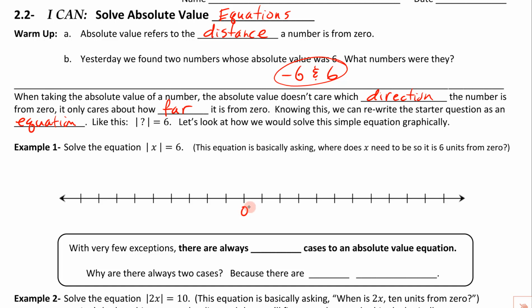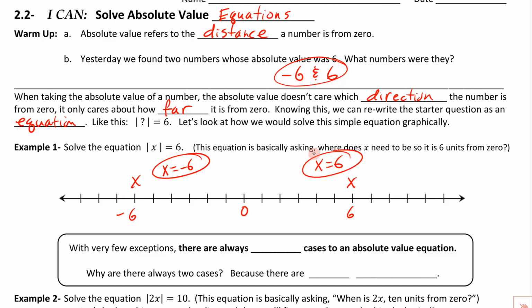Well, the answer is we can either be 6 units in this direction, and x can be right there, or we can be 6 units to the left, which would put us at -6, and x can be right there. So what that means is there are two answers to this. One of them is x can equal -6, and the other is x can be right here at +6.